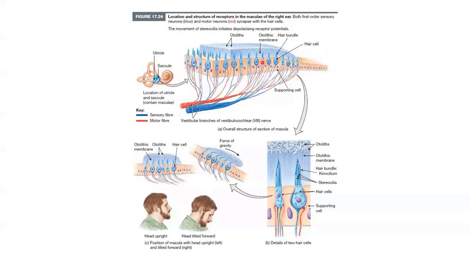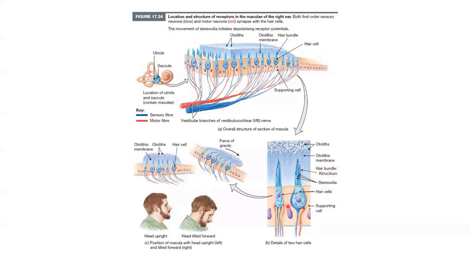Together, our stereocilia and our kinocilium are called a hair bundle. We can see that better in this image down here. We have our supporting cells, we have our hair cells, we have our stereocilia, and then there's one big long kinocilium, and together these are called our hair bundle.